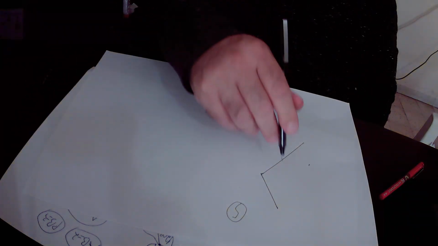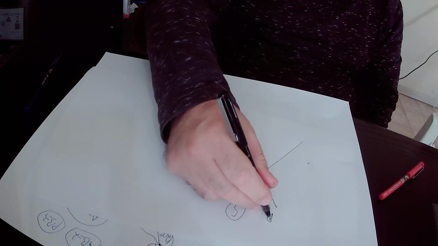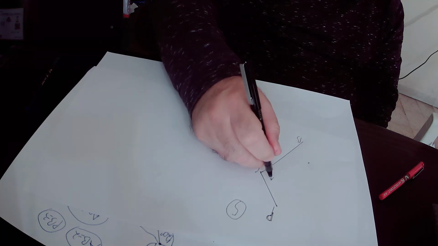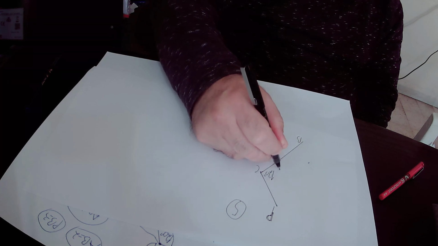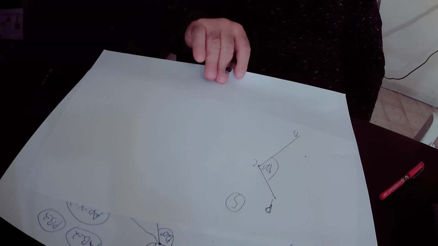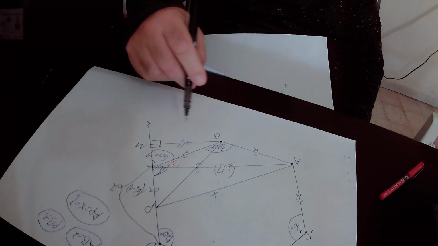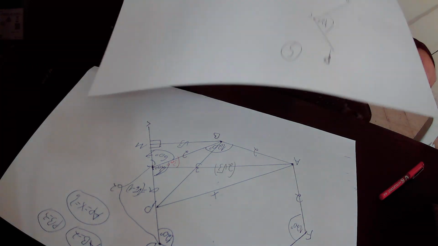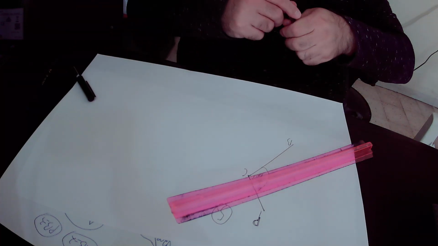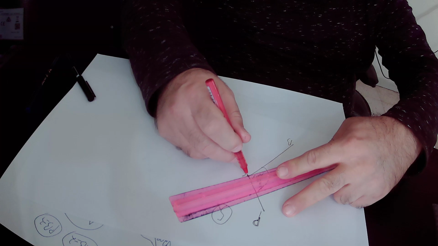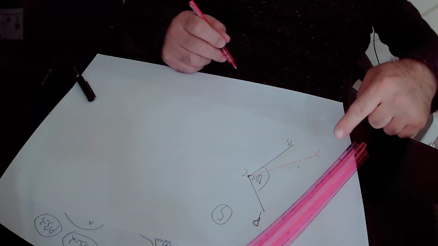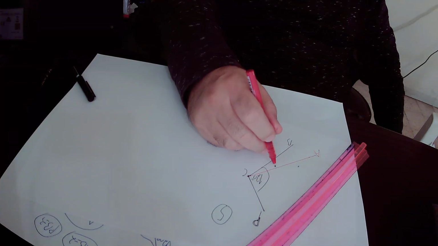We have the big angle PCB that is equal to 120 degrees. The small angle ACB equals 30 degrees.